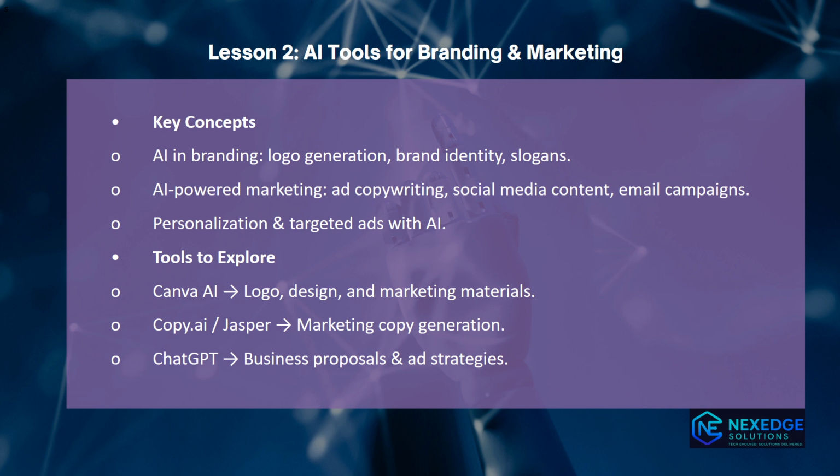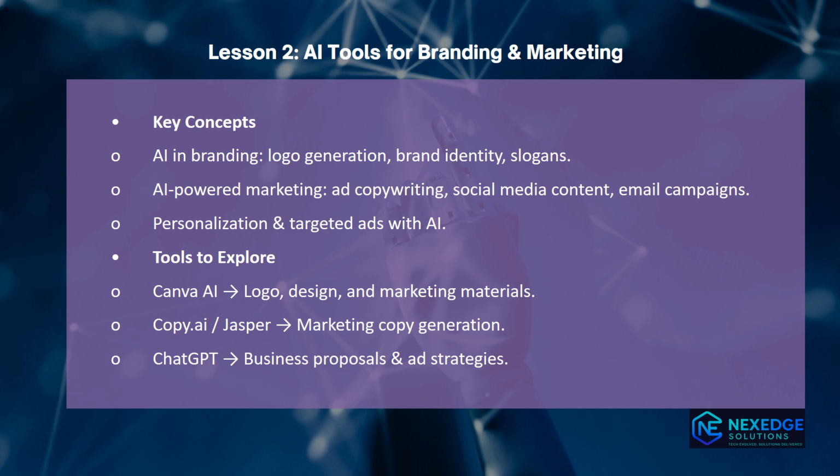AI-powered marketing. We can use AI for ad copywriting, social media content, and email campaigns. Those are what AI can do for you in your business as per the marketing aspects. And also personalization and targeted ads with AI.